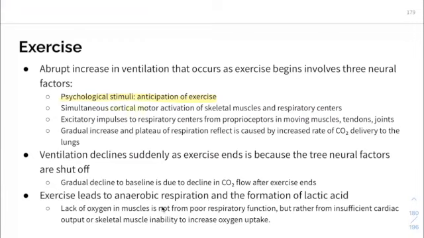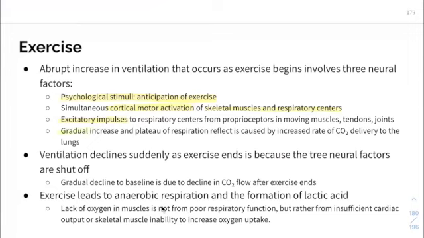Of course, we have that cortical motor activation because that's what's going to tell your muscles to start moving when you start exercising. We have those respiratory centers. Those are going to tell you to start breathing heavier. We get more excitatory impulses to generate more breathing.